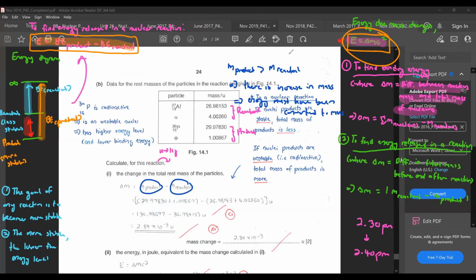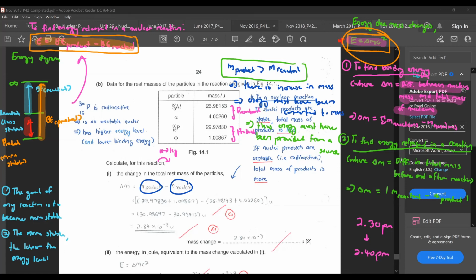This energy must be provided by something. It must have been provided from a source. The thing to realize here is that the mass of the product is more than the mass of your reactant.